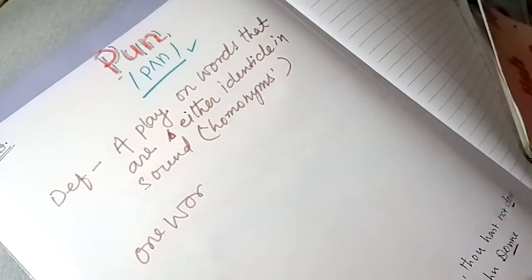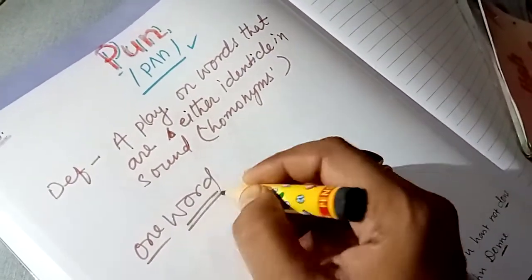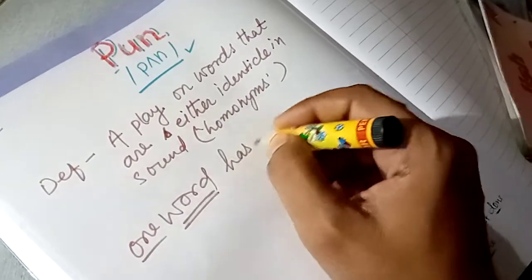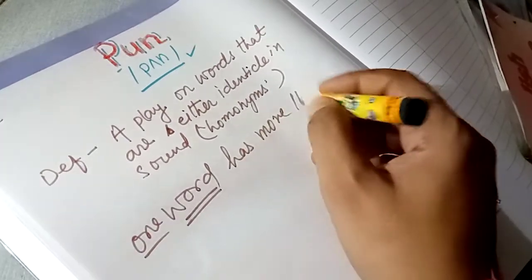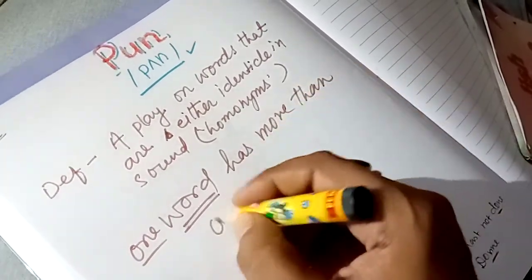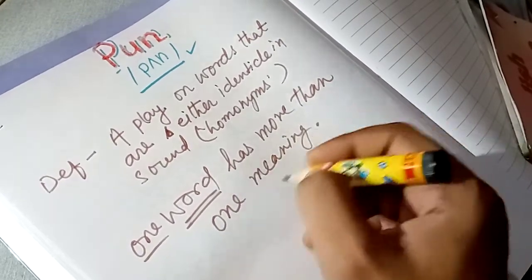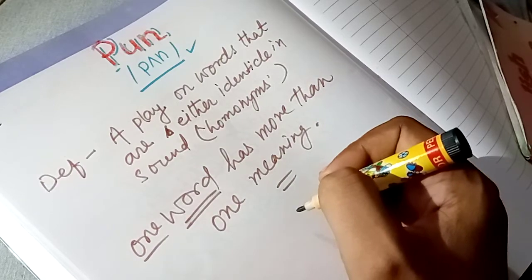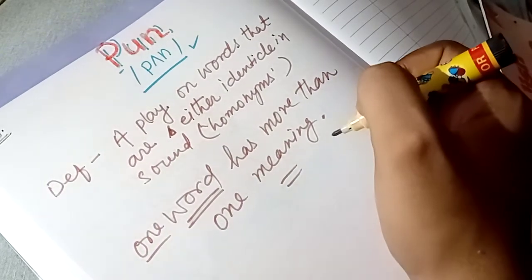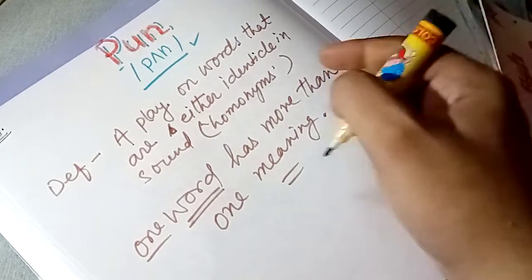Where one word has more than one meaning. One word is used again and again sometimes, and that is having another meaning.